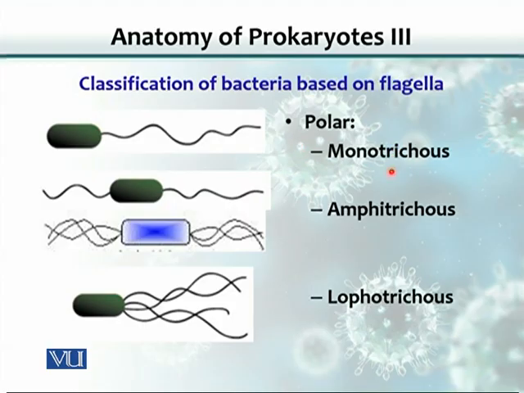It could be amphitrichous. Amphi means both, two. So if the structure is present on both sides, we call it amphitrichous. And this hair-like structure could be one, or could be a tuft, like a bunch of them. So they are called lophotrichous. Could be on one side, could be on the other side as well.